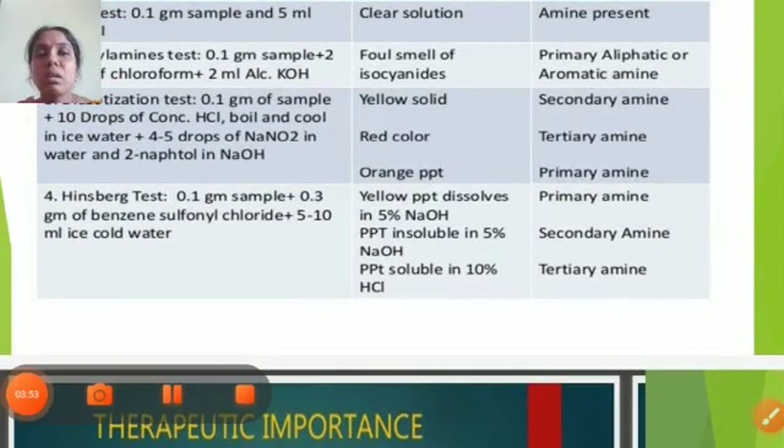Another example of aromatic amine reaction, acetylation. Aniline on acetylation gives acetanilide.